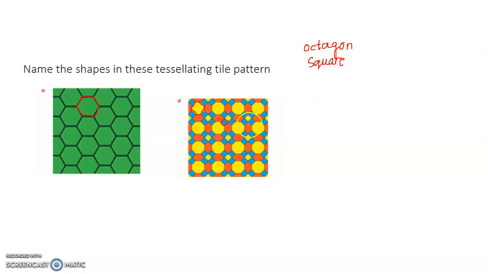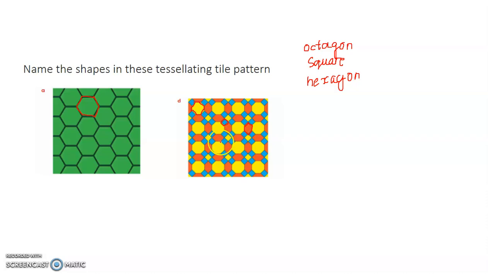What else can you see? We can see 1, 2, 3, 4, 5, 6. A 6-sided shape here. So it's a hexagon. So here you can see this is a square. You can see a small yellow square.